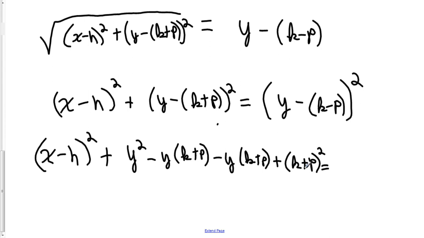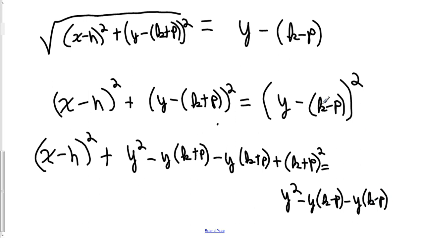I'm going to do the same thing on the right-hand side here. So I'm going to multiply y by y to get y squared. I'm going to multiply y times negative k minus p to get negative y times k minus p. I'm going to do that again to get another negative y times k minus p.